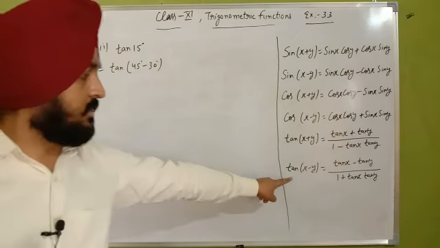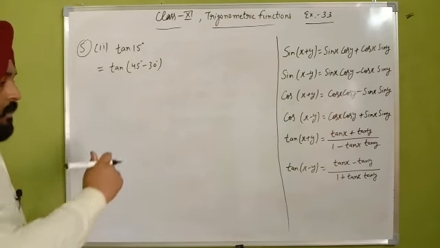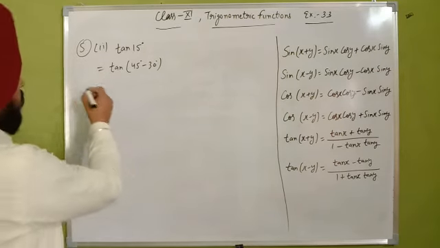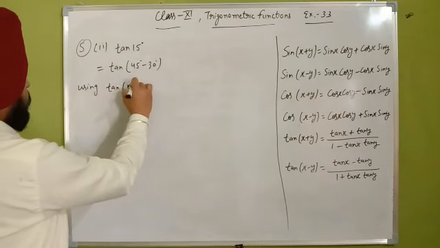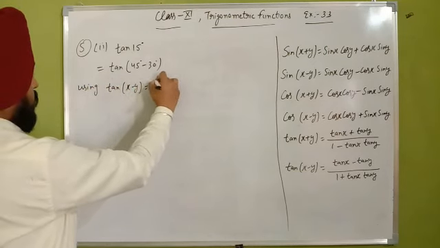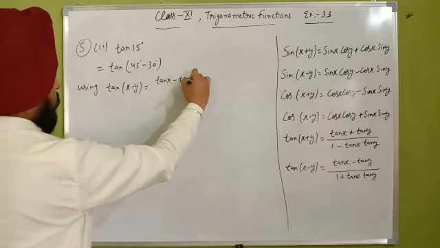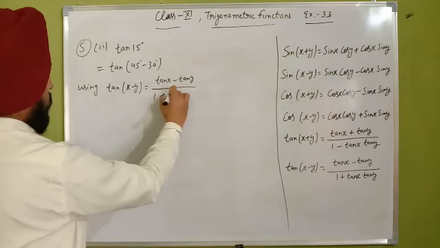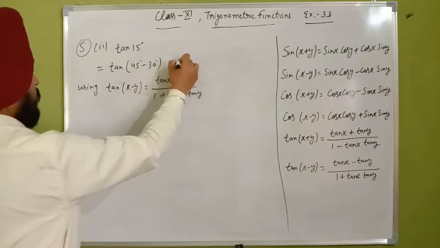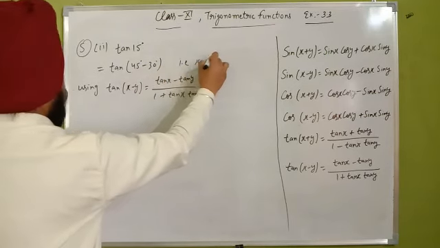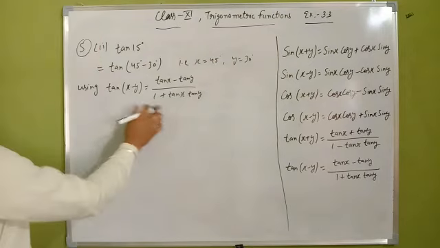We have to use tan of x minus y is equal to tan x minus tan y upon 1 plus tan x into tan y. Here x is 45 degree and y is 30 degree.